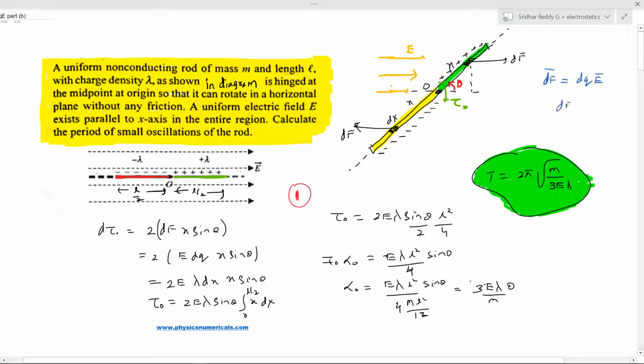What about the negative charge? The force will be opposite to the electric field. That's what you can see here. Why is the force on the negative charge element towards the left? Because of this condition. And what is dq? dq should be equal to lambda into dx.